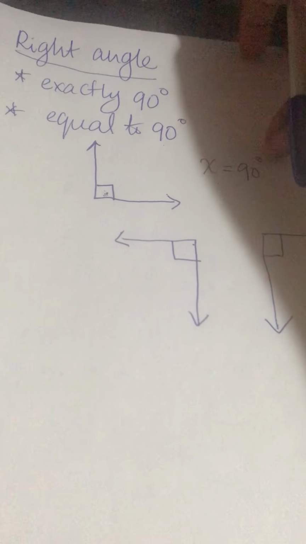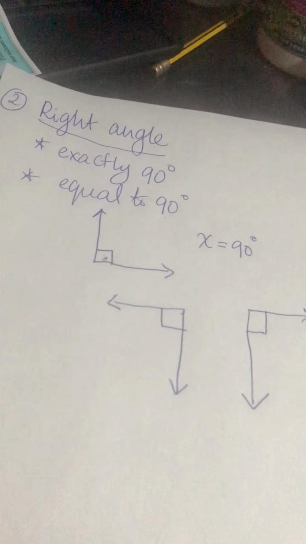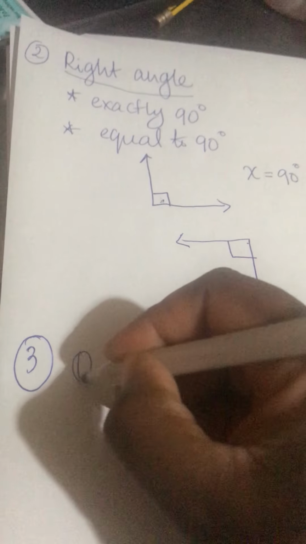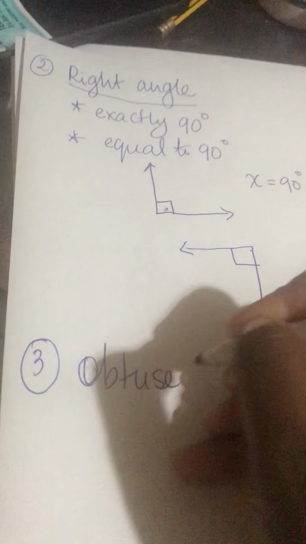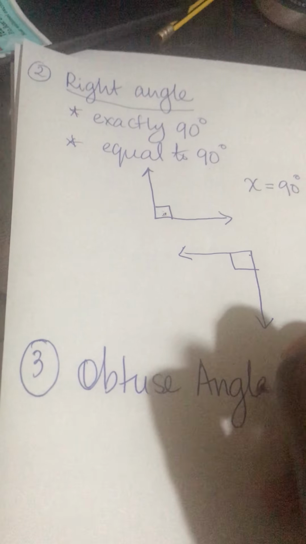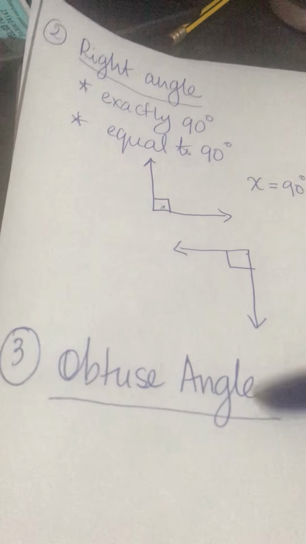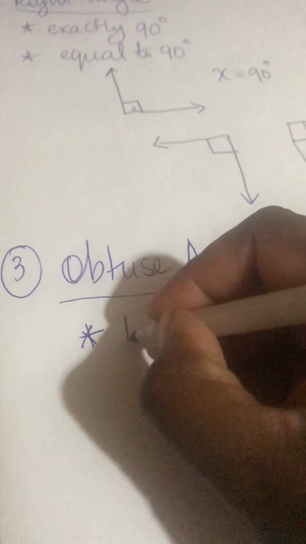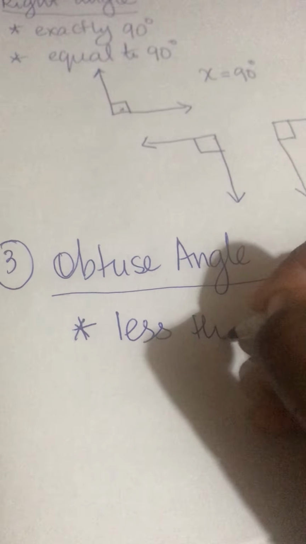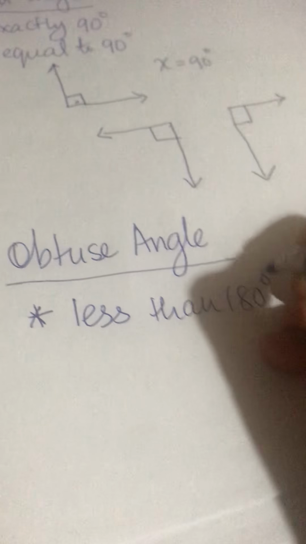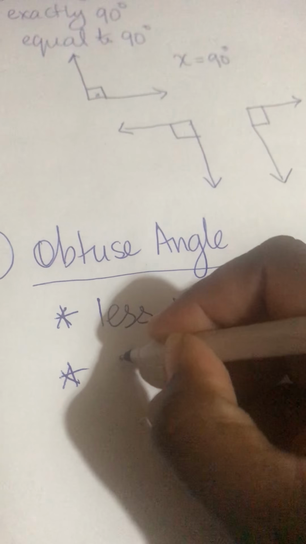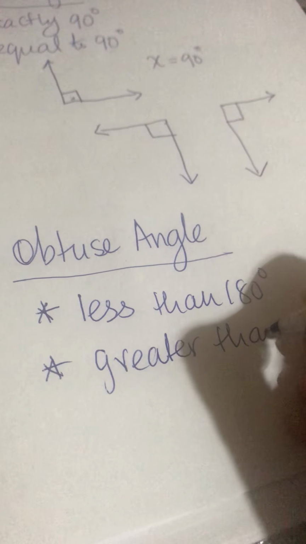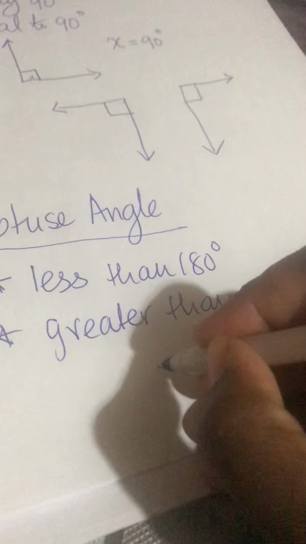Okay? Alright. The next angle we are going to do is obtuse angle. So the obtuse angle is less than 180 degrees, but greater than 90 degrees.